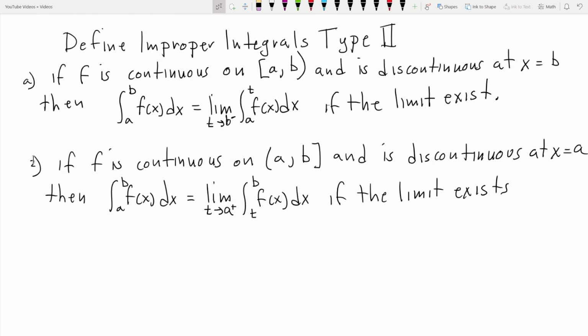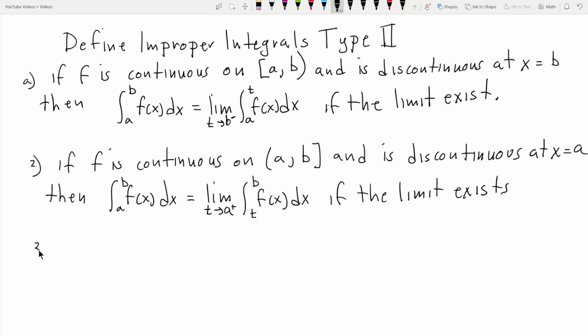So there are our endpoint definitions. Now if the discontinuity happens somewhere within the interval, that is between a and b, you've got an asymptote.